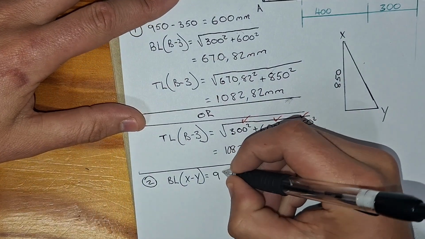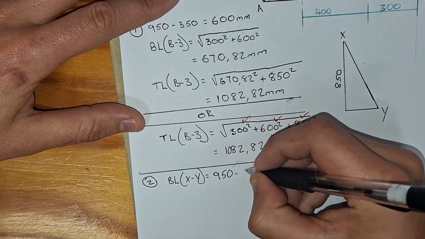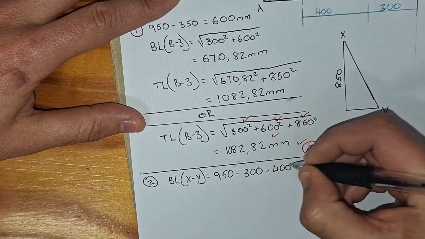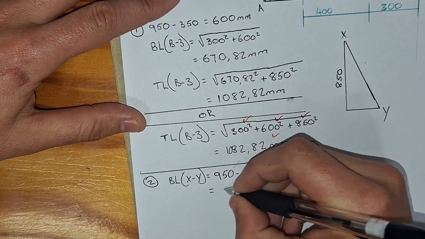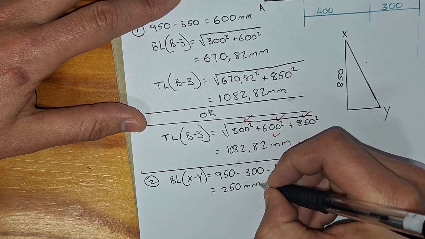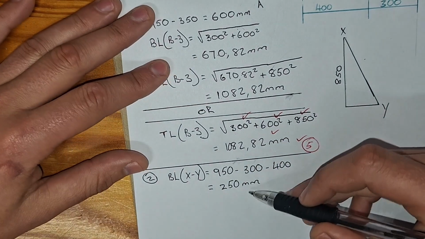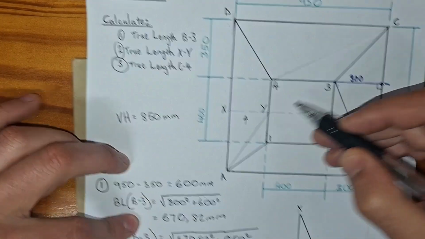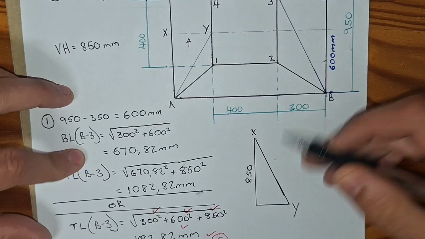So 950 minus 300 minus 400 will give us a value of 250 millimeters. Now we will use this base length XY to get the true length XY, which is the slanted angle.